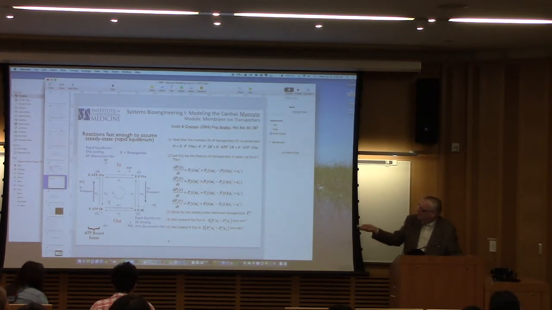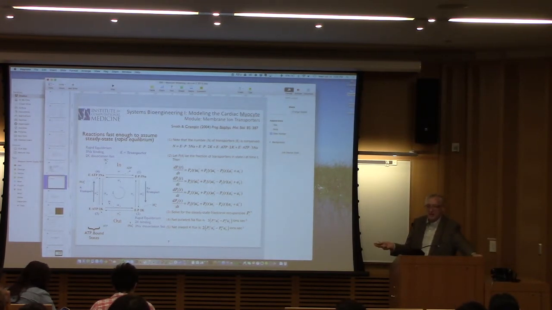So what does that mean in terms of these equations? In terms of these equations, we're not going to model the kinetics with which these occupancy probabilities change. We're going to assume that they take on their steady-state values immediately. That's another kind of rapid equilibrium approximation. So the left-hand side just becomes 0.